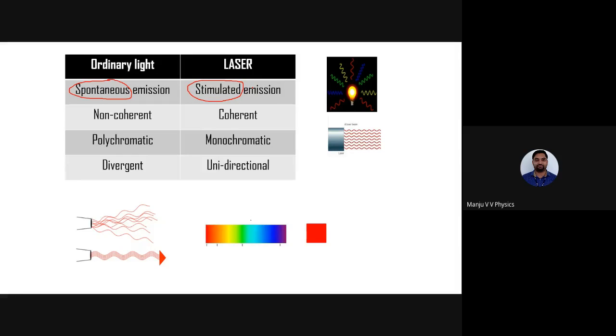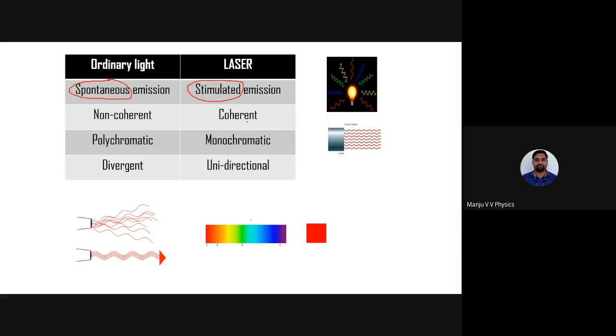Suppose you want to stimulate something or somebody, you have to pass some energy, isn't it? Whereas in ordinary light, you don't need any external energy. In stimulated emission, you need some external energy in order to emit the light. What exactly spontaneous and stimulated are, we'll study in detail in the next slide. Ordinary light is non-coherent, whereas laser is coherent.